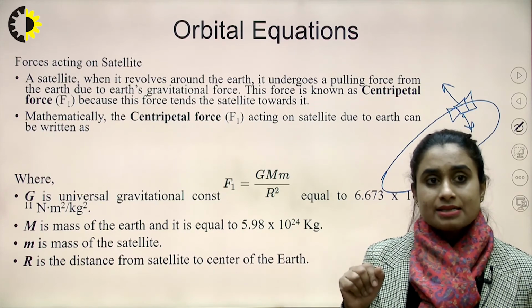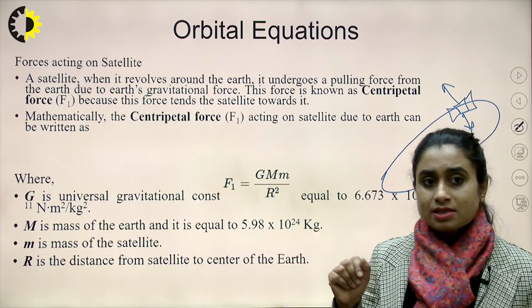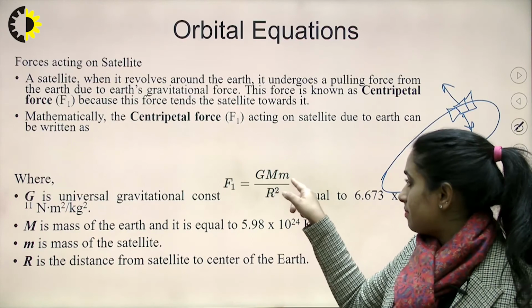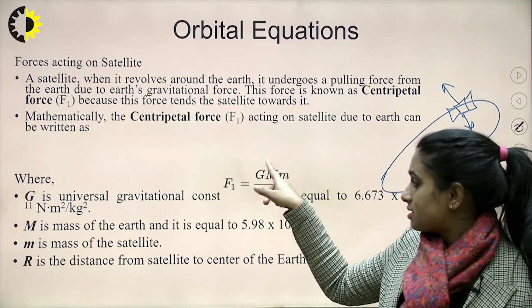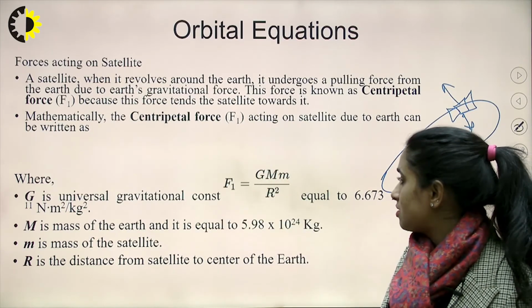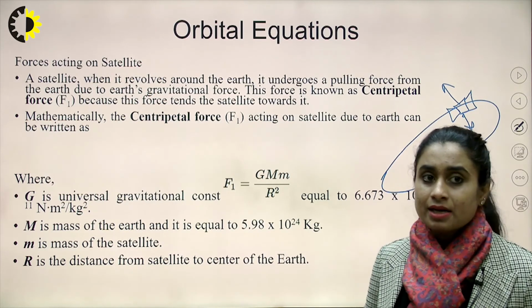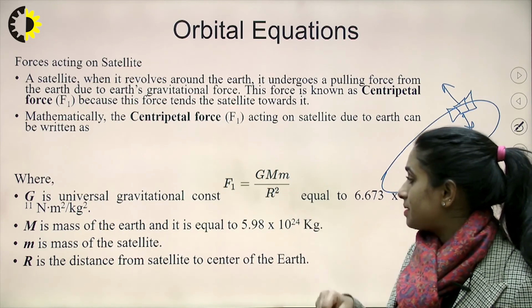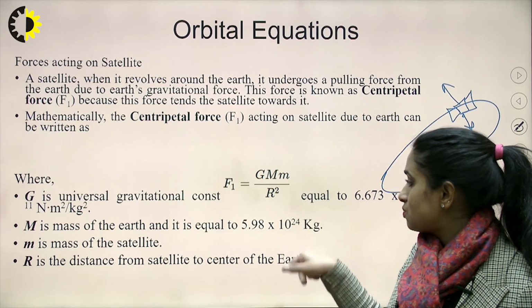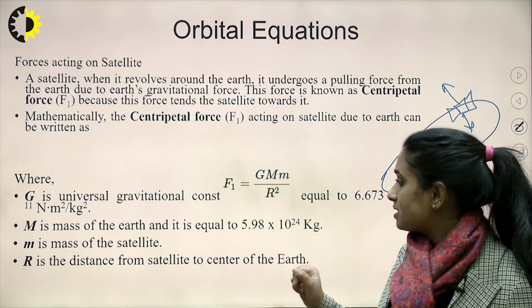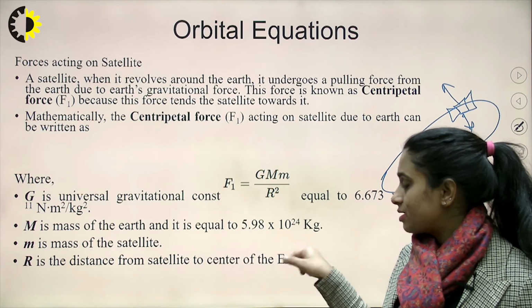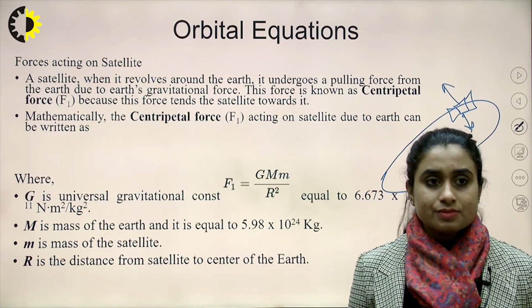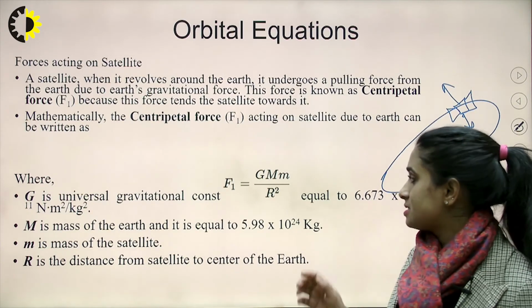So mathematically, centripetal force can be represented by GMm by r square, where G is the universal gravitational constant, right? Capital M is the mass of Earth, small m is the mass of the satellite, and r is the distance from the satellite to the center of Earth, right? The value of capital G is given here.